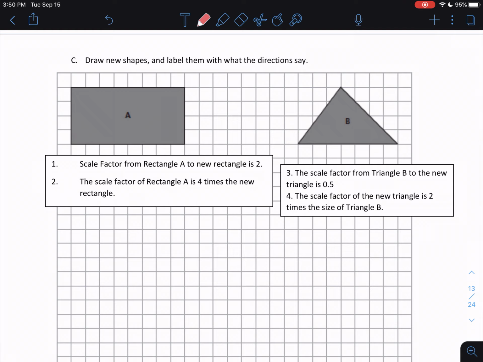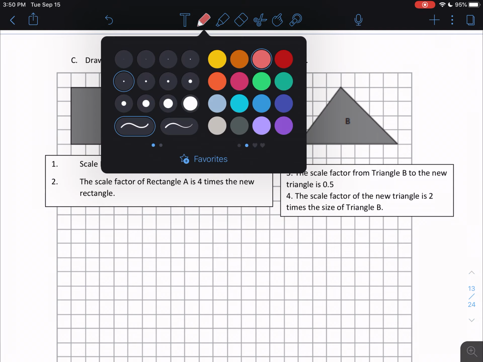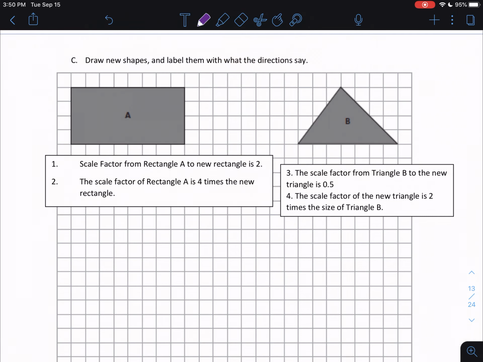The first thing we're going to want to do is identify some specific measurements. I notice that the length of triangle B is 1, 2, 3, 4, 5, 6, 7 units long. Because this is not an isosceles triangle, it is scalene from the looks of it, I also need to know how to draw this vertex up here.